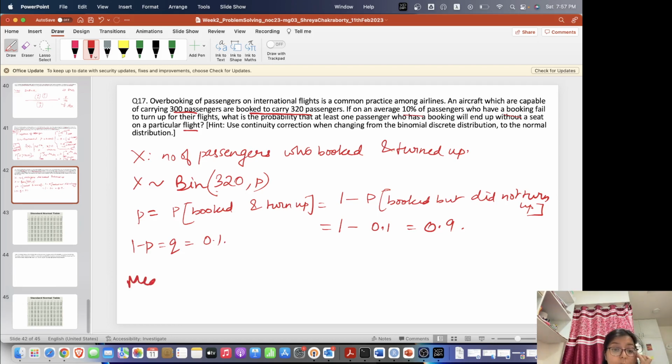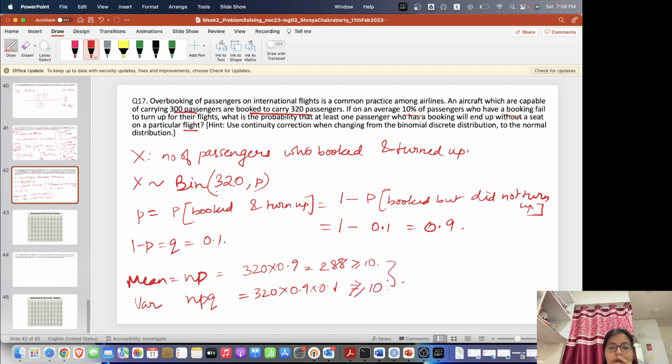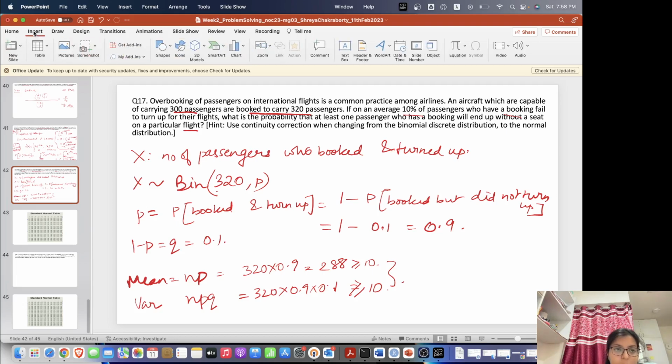We find the mean of this binomial distribution, which is np, 320 into 0.9, that is 288, which is greater than 10, and the variance npq equals 320 into 0.9 into 0.1, which is also greater than or equal to 10. Based on those two criteria, we can go for a normal approximation.